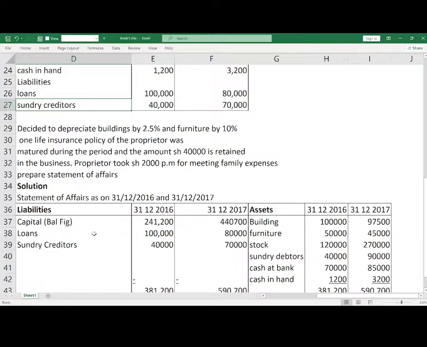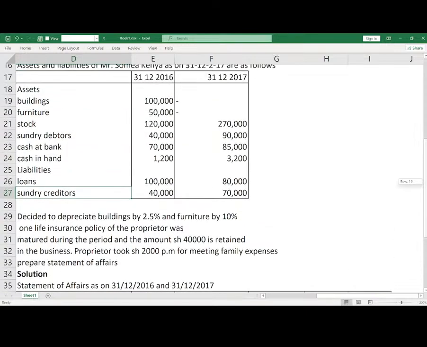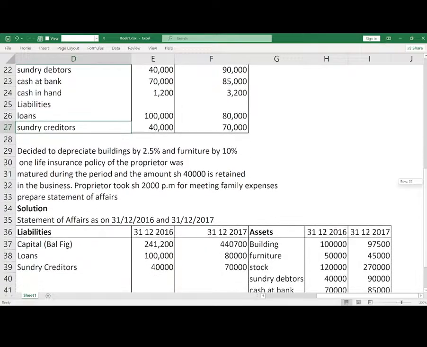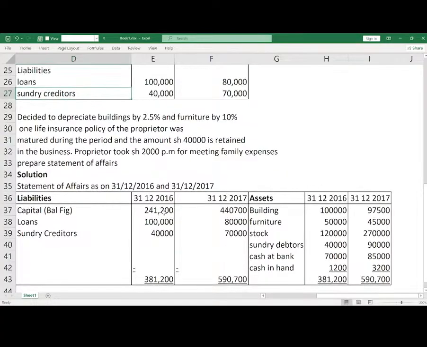Then you also have to bring the balancing figure or the capital, which is the balancing figure that we are going to calculate. So we are going to start with the loans and the sundry creditors. It was 100,440 and then 80,070 for the two years.